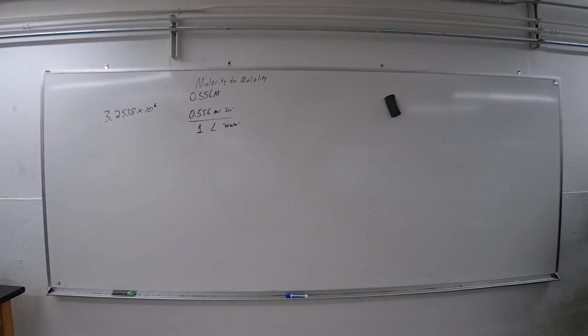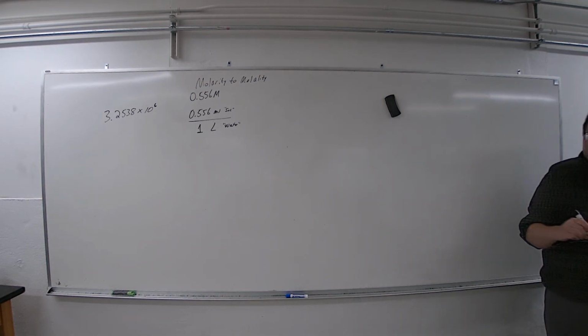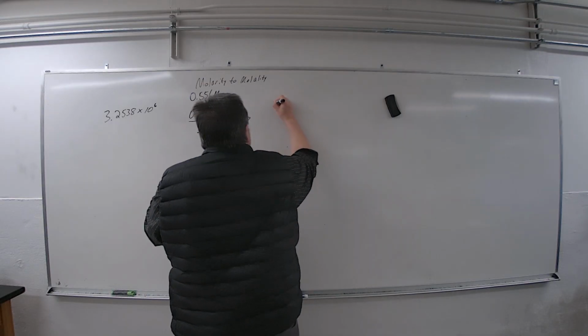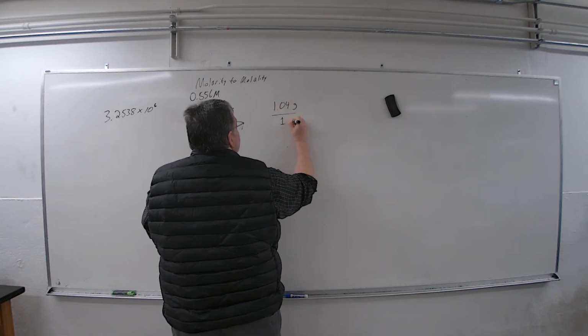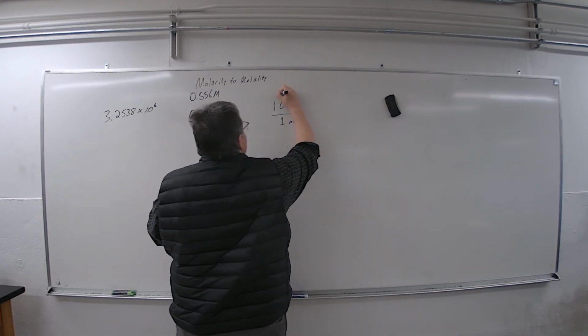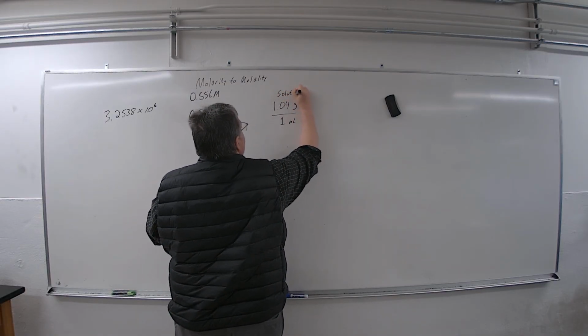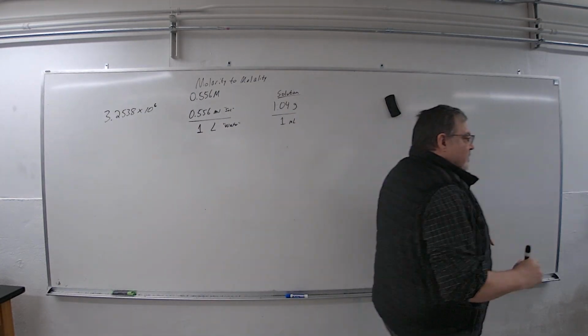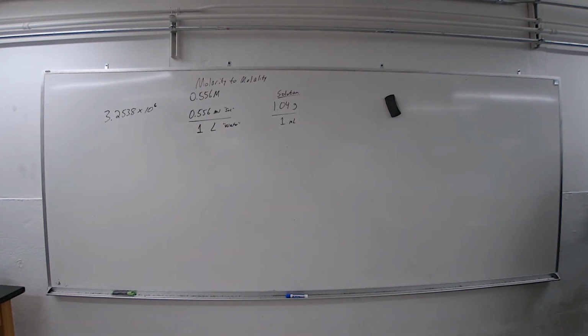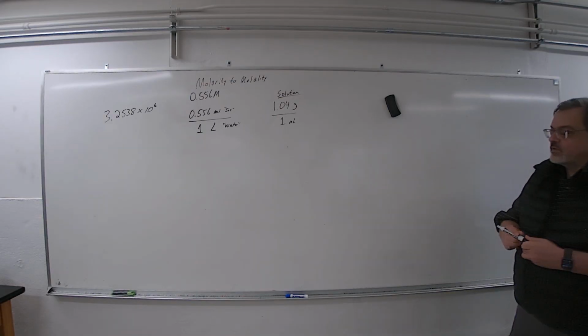It tells you the density of this solution is 1.04 grams to 1 milliliter. The solution has that density. I think that's all you're told. I put the hint in here. Assume you have 1.00 liters of solution.